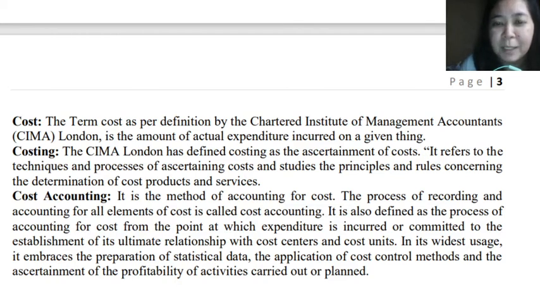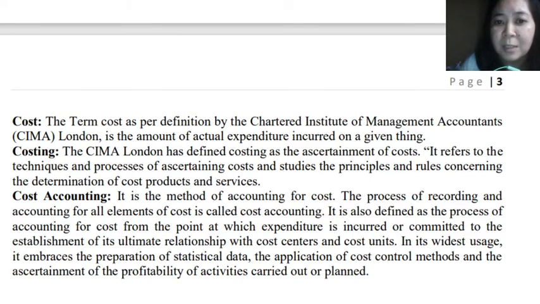So cost accounting can also be defined as the process of accounting for cost from the point at which expenditure was incurred or committed to the establishment of its ultimate relationship with cost centers and cost units.